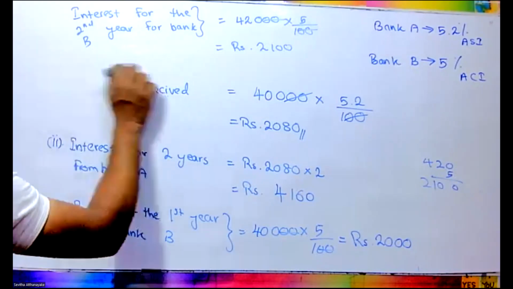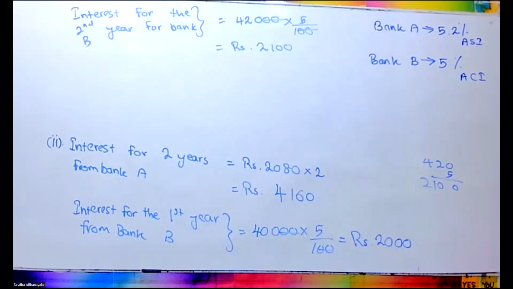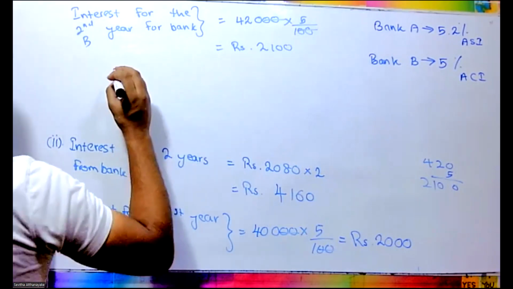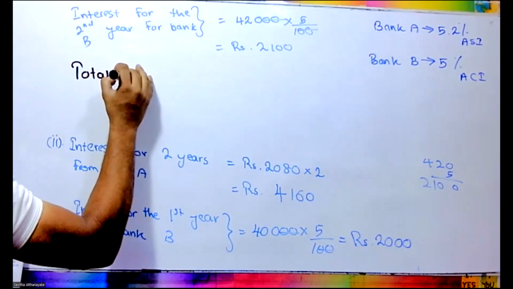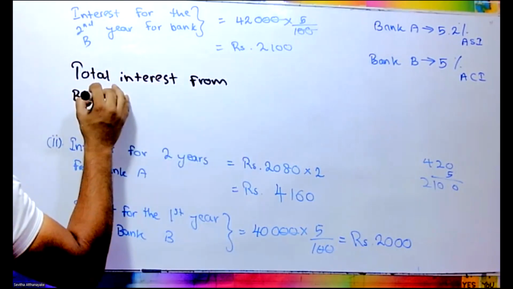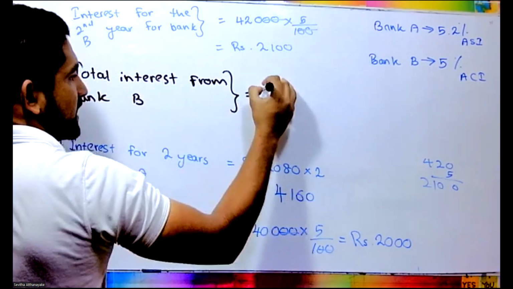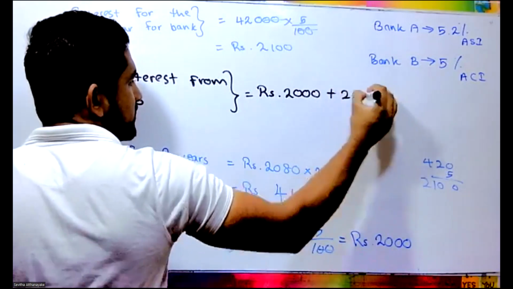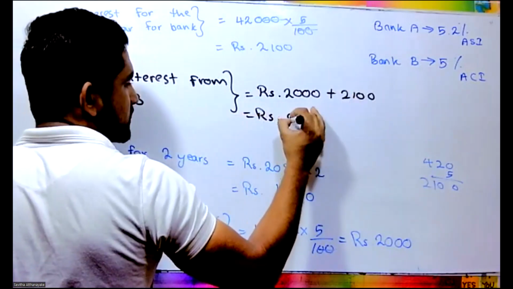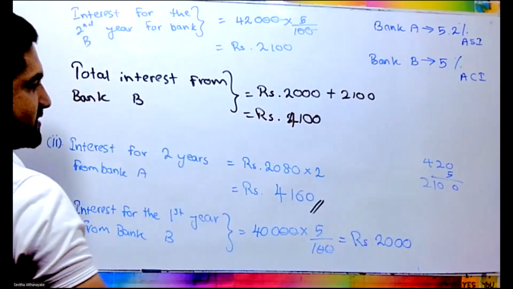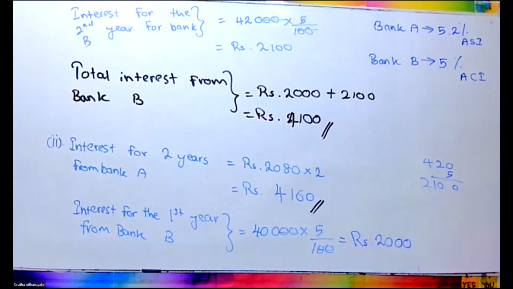Then total interest from bank B: initially 2,000 plus 2,100, 4,100. From bank A he got 4,160. From bank B he got 4,100. Okay, then what will be more profitable?